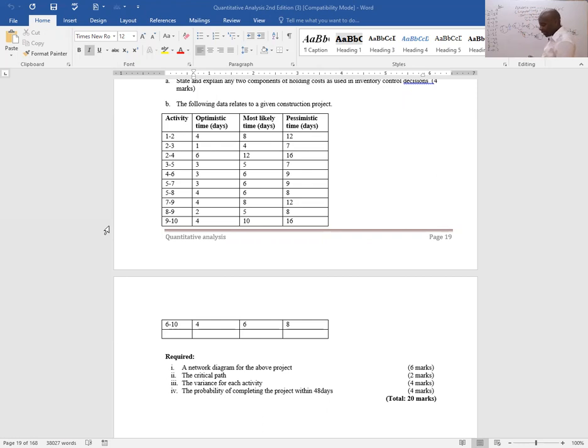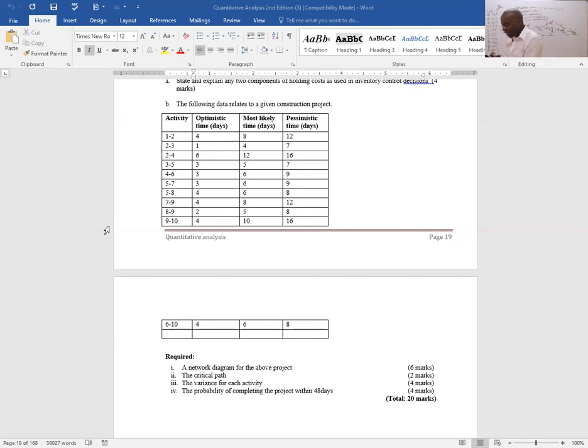For the third one, which is C, I take 6 plus 4 times 12 plus 16, whatever I get I divide by 6, and I'm getting 11.7.